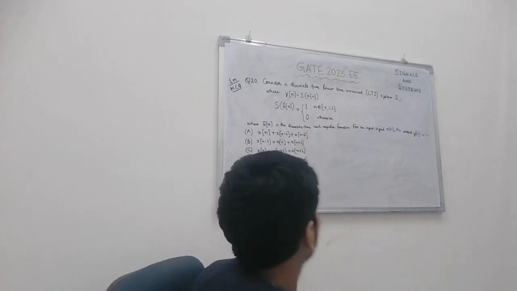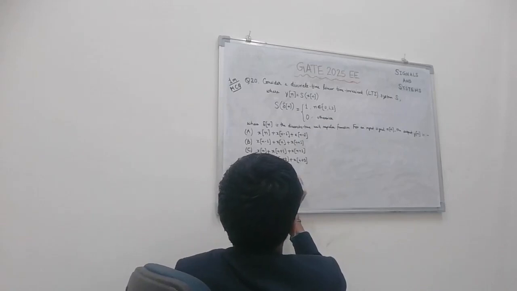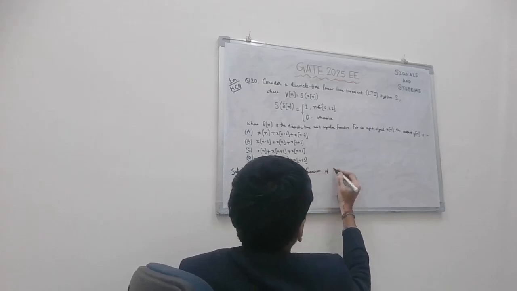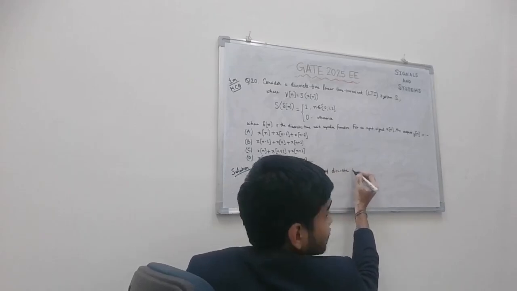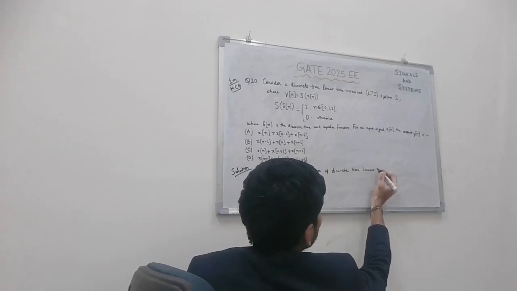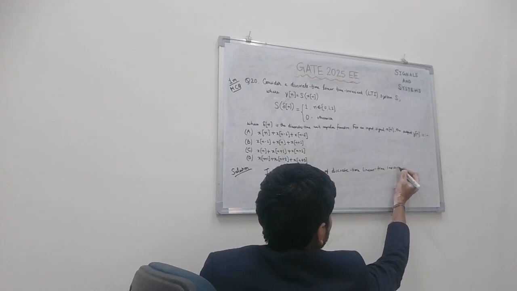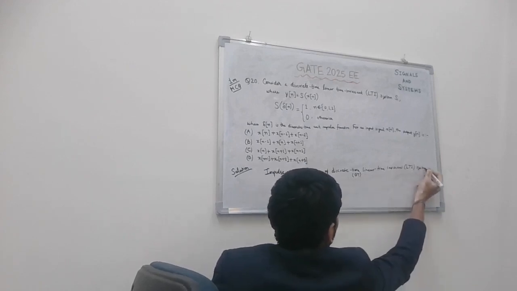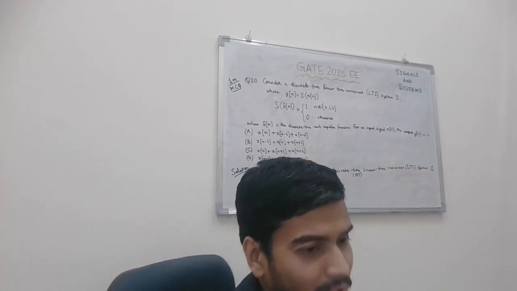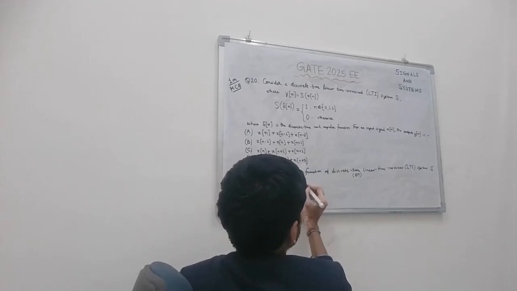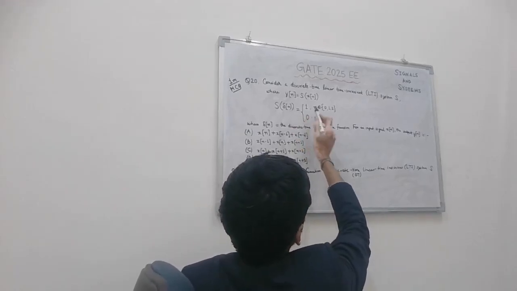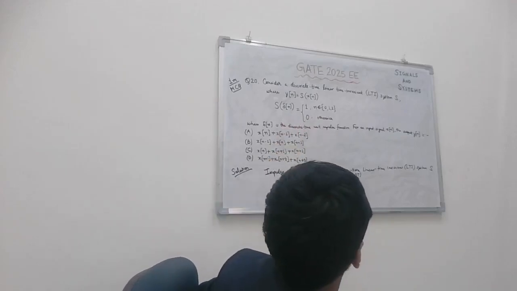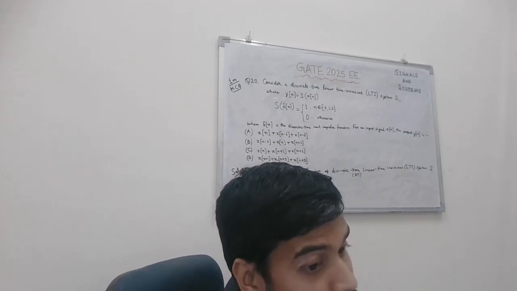So we can write the impulse response function h of n of the DT-LTI system S as: on giving the delta input, the discrete time unit impulse function, the output is 1 for n equal to 0, 1, 2.